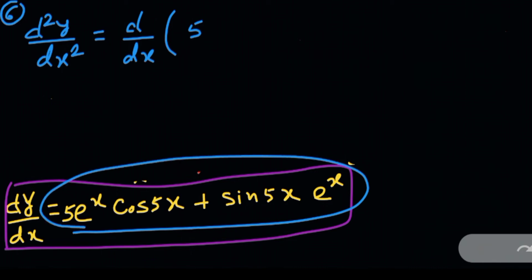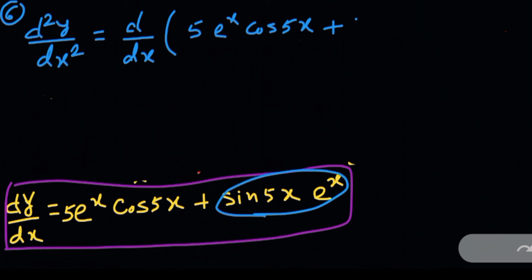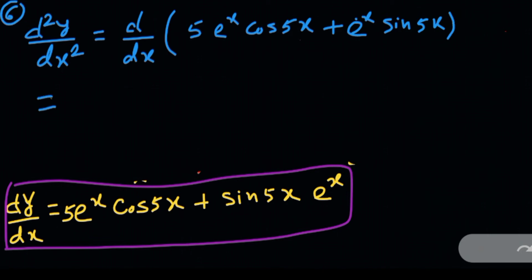The derivative of dy upon dx is nothing but this, so I will write it as it is: 5 e to the power x cos 5x plus e to the power x sin 5x. Now I wrote this. Now I will simplify.